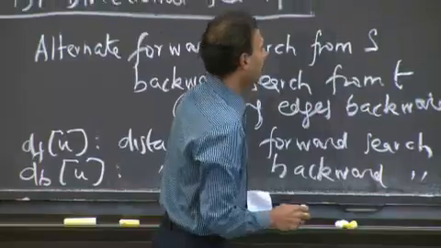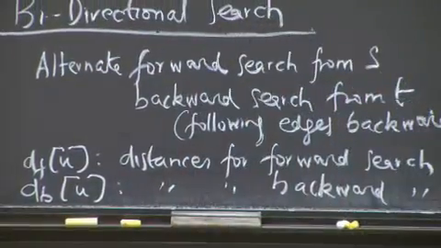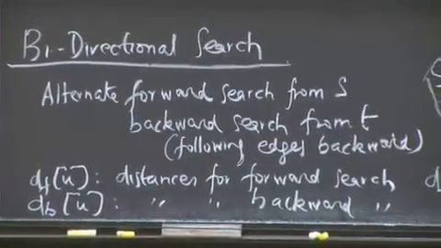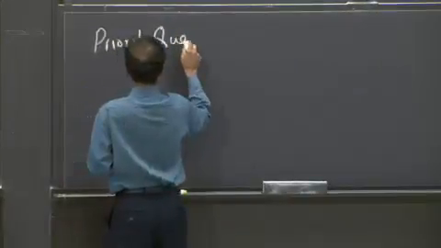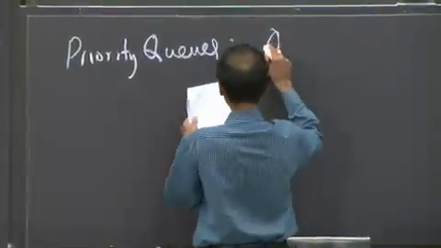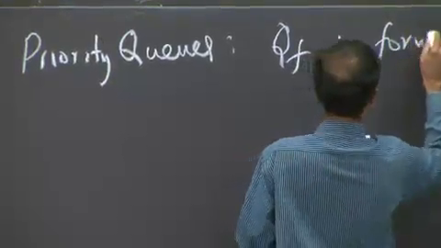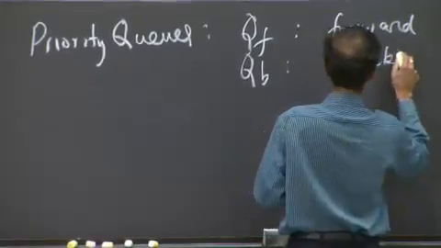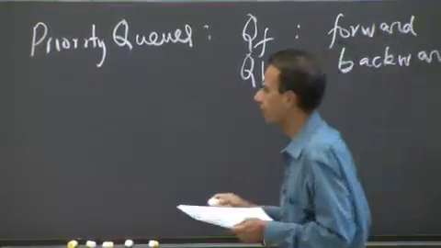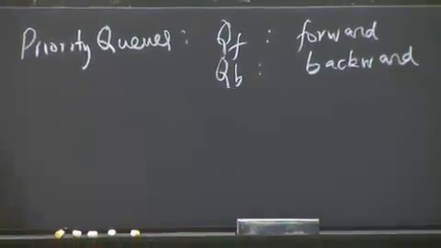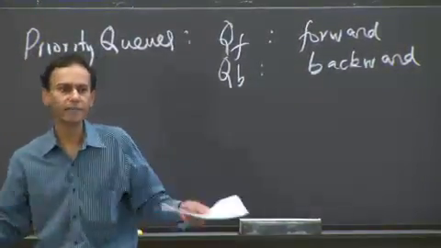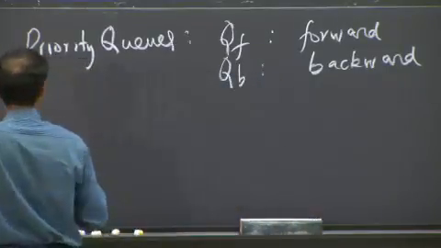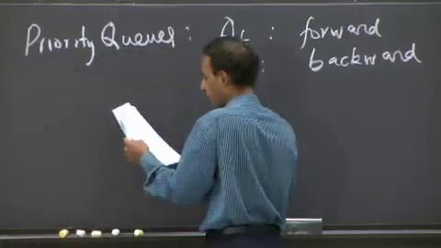And of course, we're going to have priority queues, plural, Q_F corresponding to the forward search, and Q_B corresponding to the backward search. And in initialize, as I said before, we're going to initialize D_F of S to be 0 and D_B of T equals 0, and then everything else, the D_F's and the D_B's, are going to be infinity. All right? Okay, great. So that's what we have here.